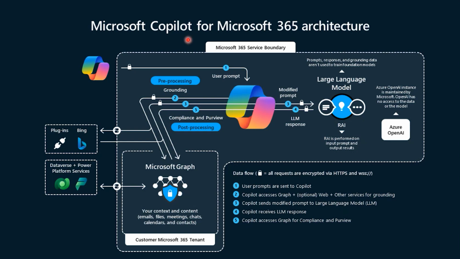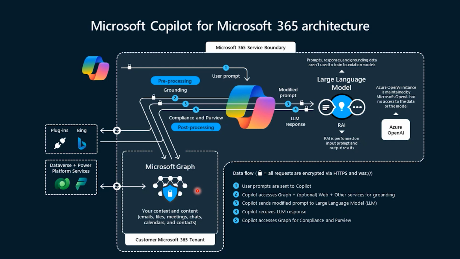The logical architecture of M365 Copilot is designed to integrate seamlessly with the M365 ecosystem, leveraging various components to provide an intelligent assistant. These are a few of the components. One is the large language model, right?